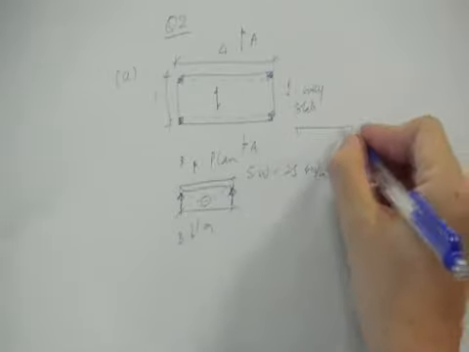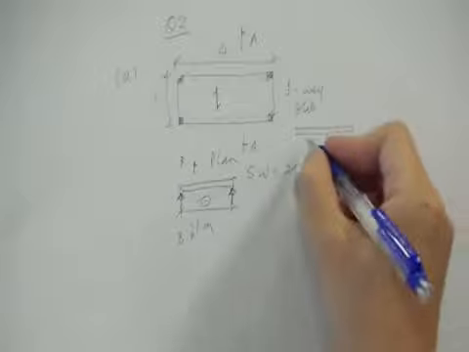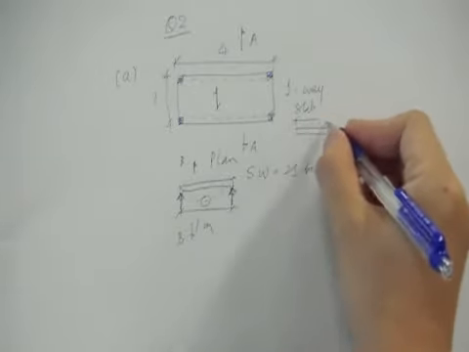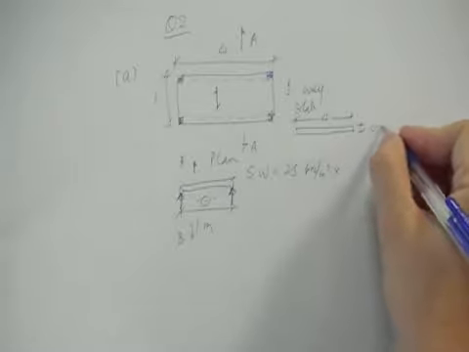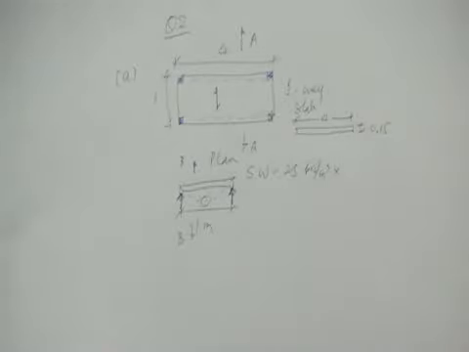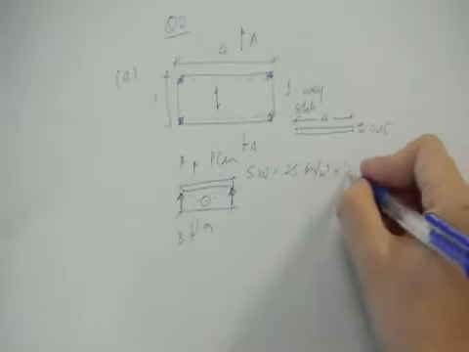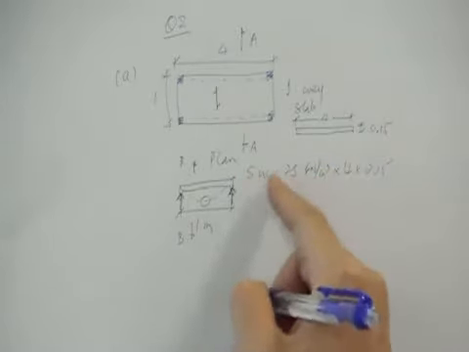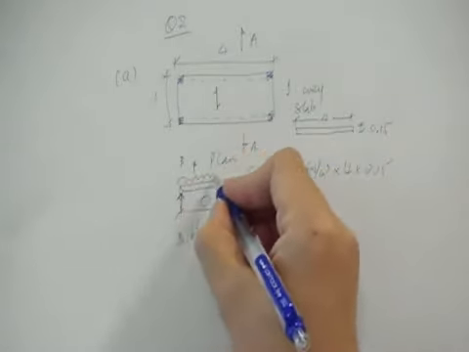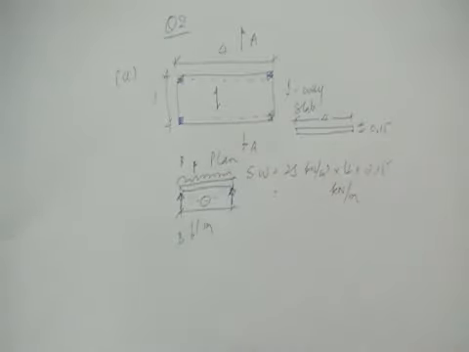So section BB looks something like this. This is section BB, which is 4 meters long and 0.15 meters thick. So this 25 kilonewton per meter cube times the cross-section area will give you the self-weight acting on the beam in the unit of kilonewton per meter.